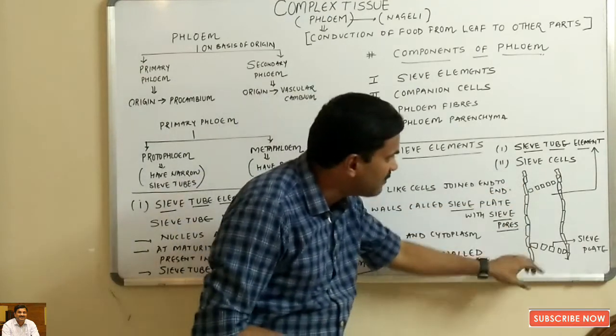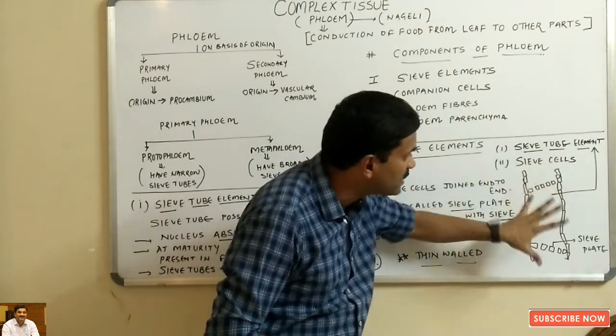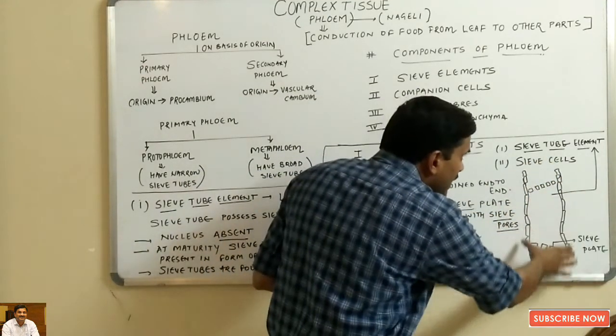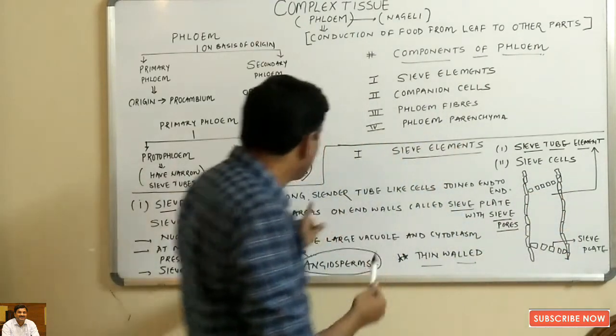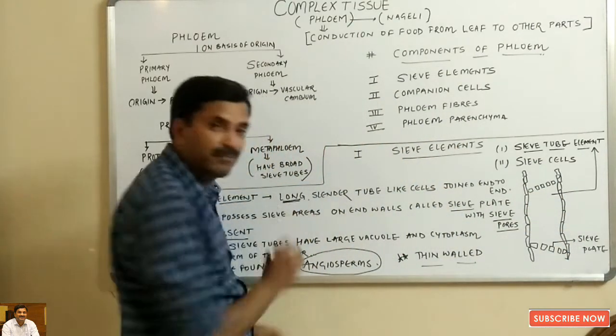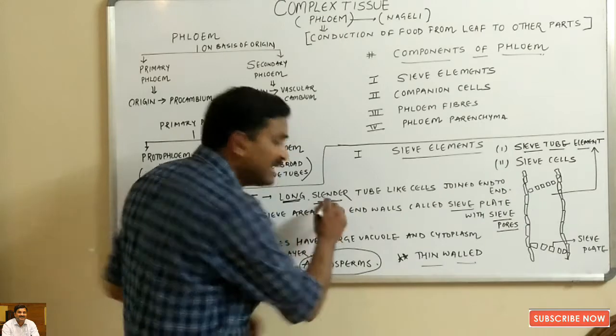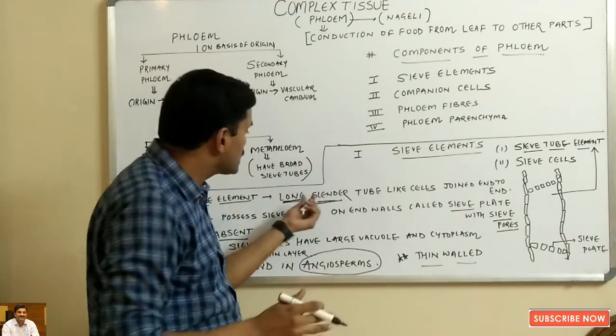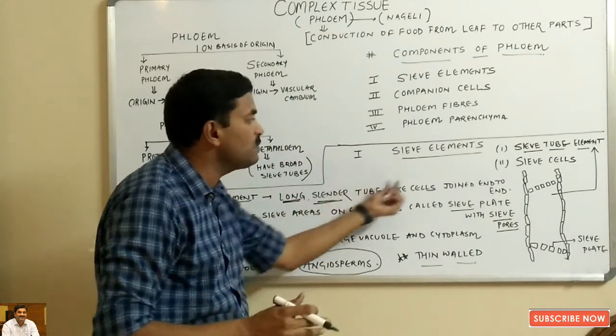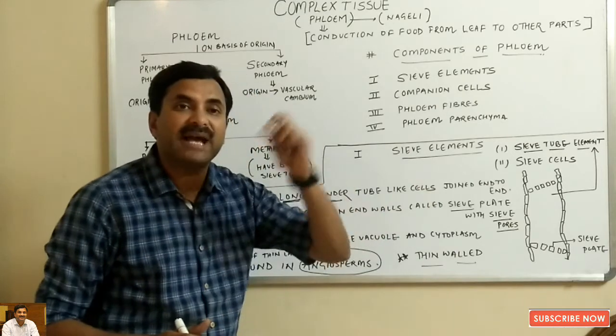You can see the diagram I have made of a sieve tube element. Sieve tube elements are long and slender. Slender means thin. So they are long, slender, tube-like cells which are joined end to end.